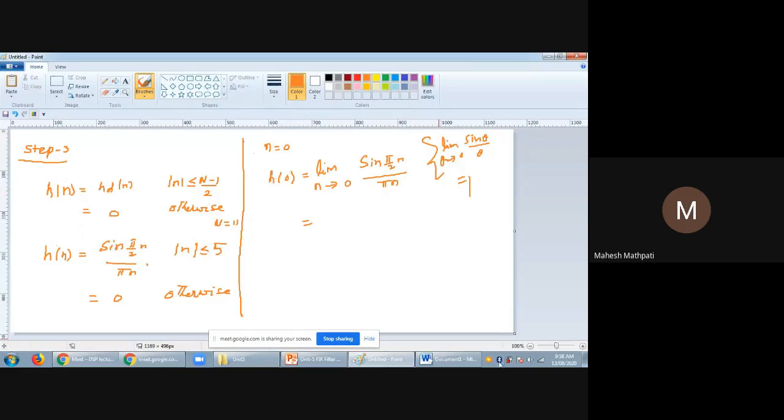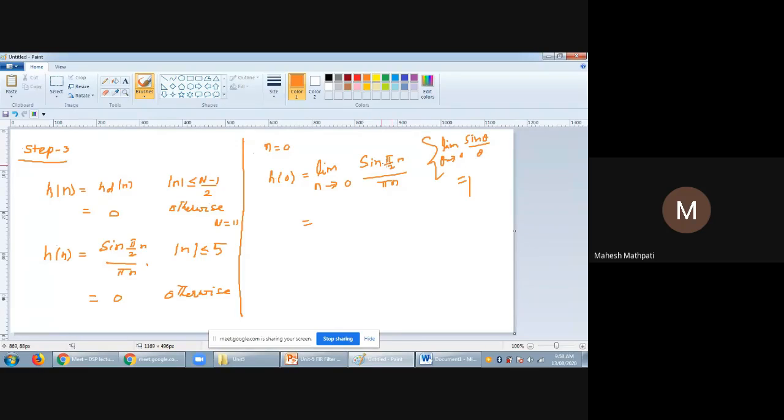Sin pi by 2 n divided by pi n, or this equals to, I can write it as... तो अभी यहाँ पे we all know theta tends... अभी are these two are in same form.